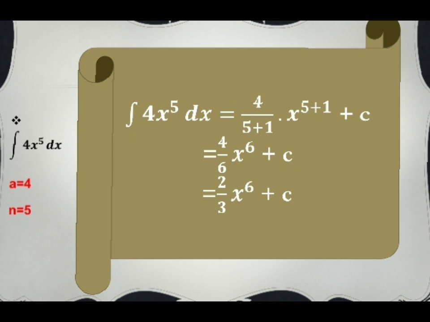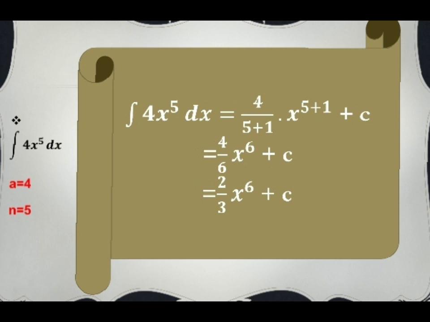Another example, we have the equation integral of 4x raised to the power of 5 dx. Our given for a is equal to 4, and our given for n is equal to 5. In this equation, we need to copy the integral of 4x raised to the power of 5 dx, which equals 4 over 5 plus 1 times x raised to the power of 5 plus 1 plus c.